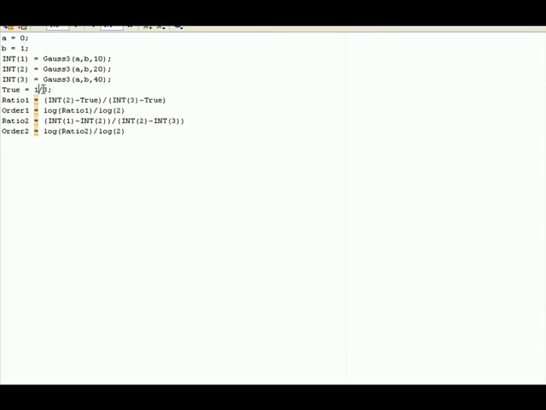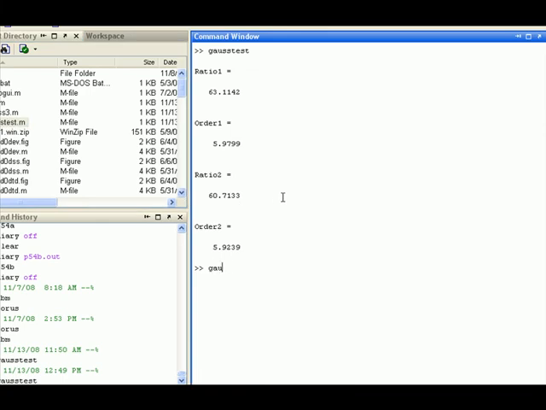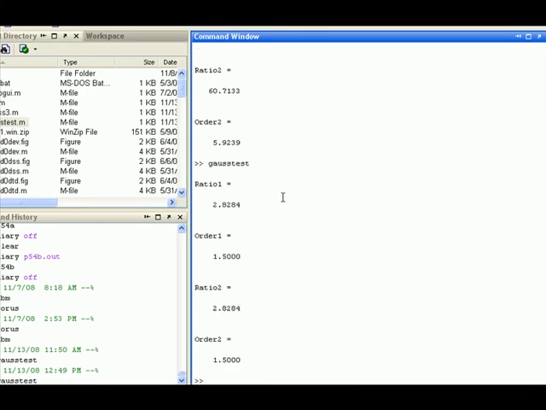Now the true integral is 2/3. And now, very surprising, the ratio in both cases is nowhere near 64, and the order is nowhere near 6. In fact, it's 1.5. So the experimental order is much smaller than expected.